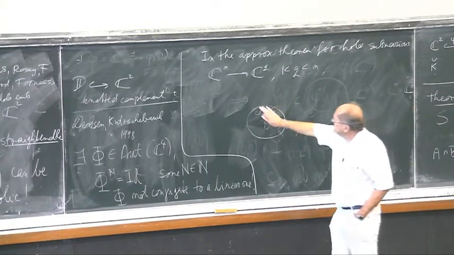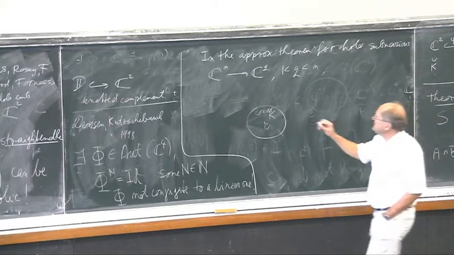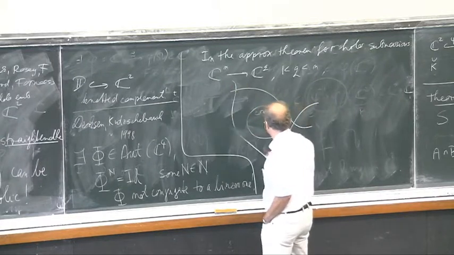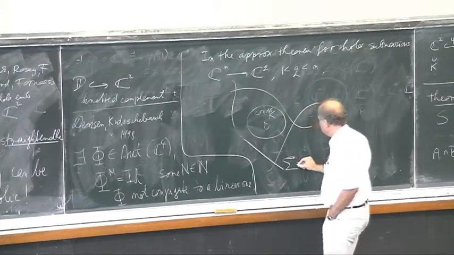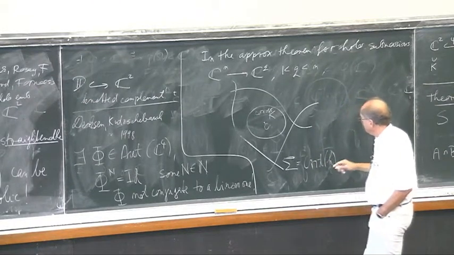The first step was to approximate it by a polynomial one, but then I have to deal with this subvariety, which I think I called sigma, which is actually the critical locus of my polynomial submersion.